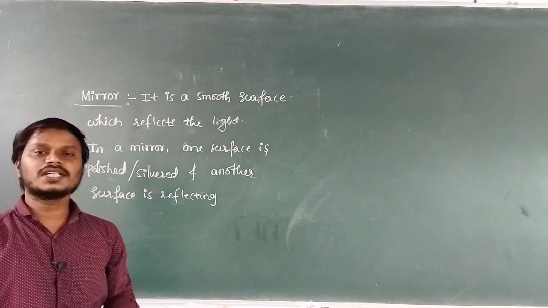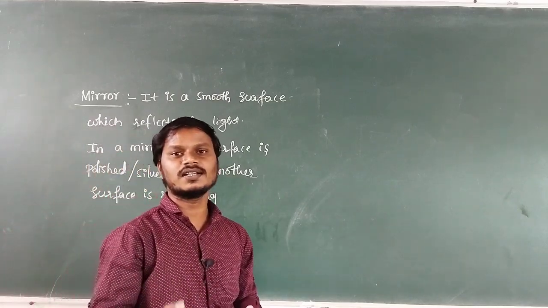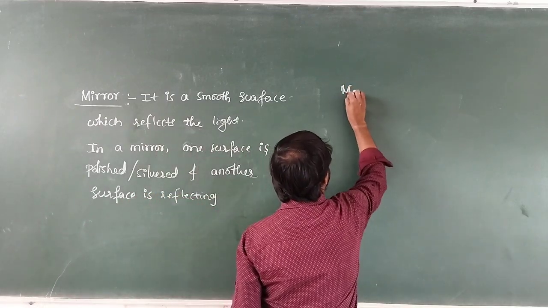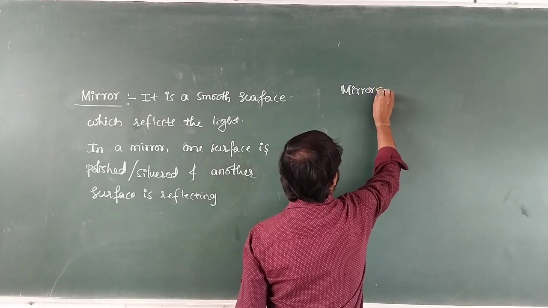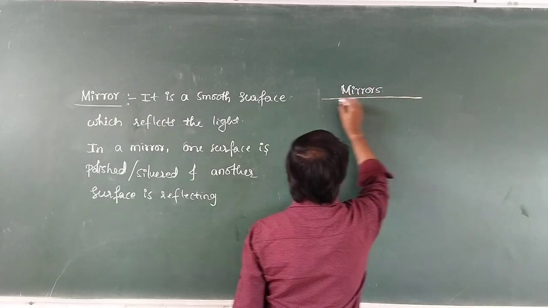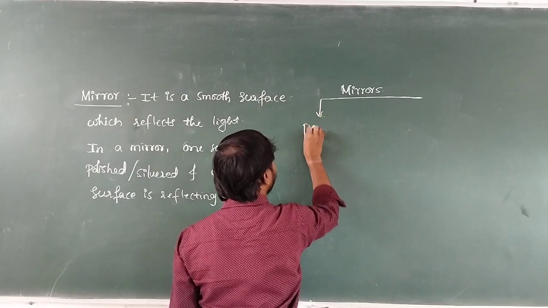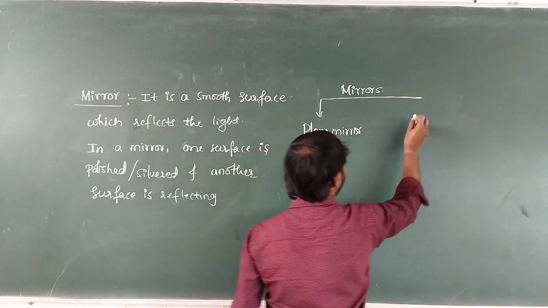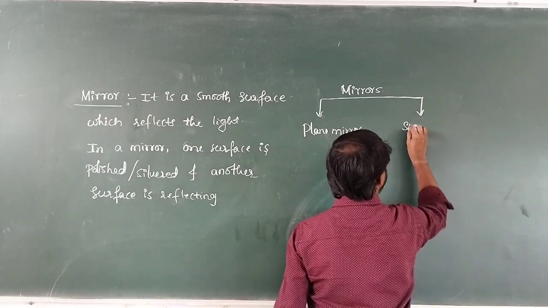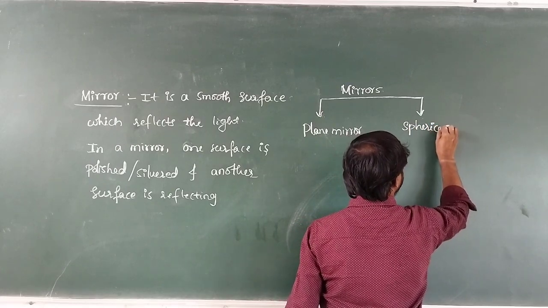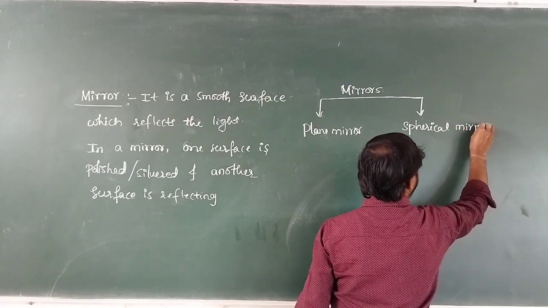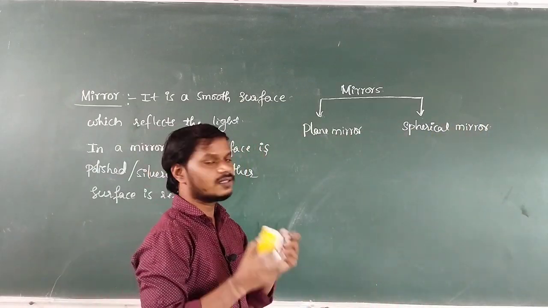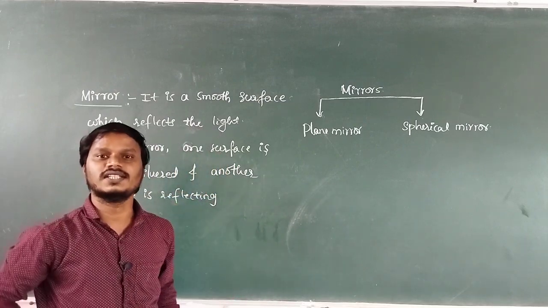Now, there are two types of mirrors. What are those? Plane mirror and spherical mirror. In this chapter, the plane mirror is only for NEET concepts, but the spherical mirror is a concept for NEET and also theory.